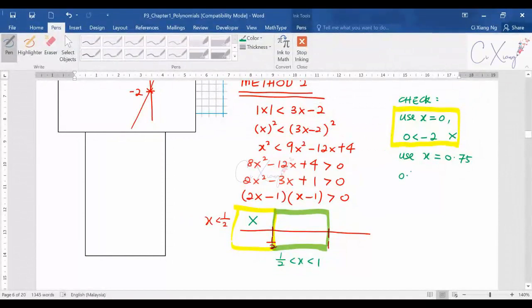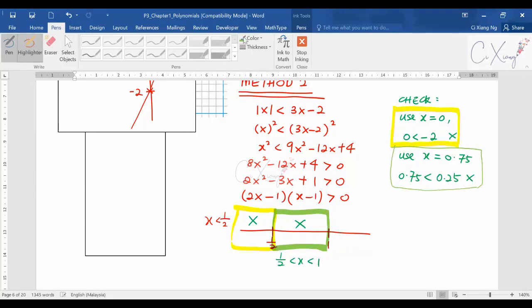Then you have 0.75 smaller than 3 times 0.75 minus 2, so you get 0.25. Is this inequality correct or not? It is not correct. So this is also not the answer that I want. There's no correct answer from here. So this is the second part.